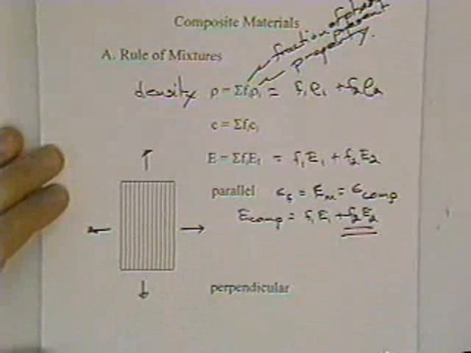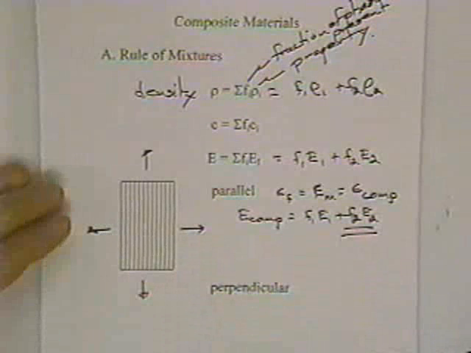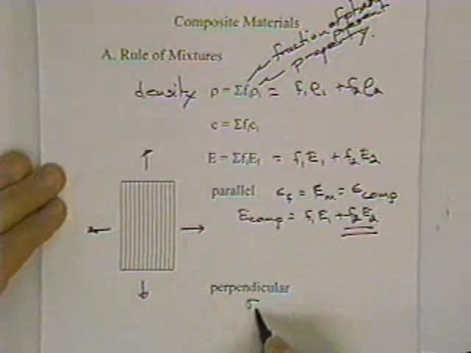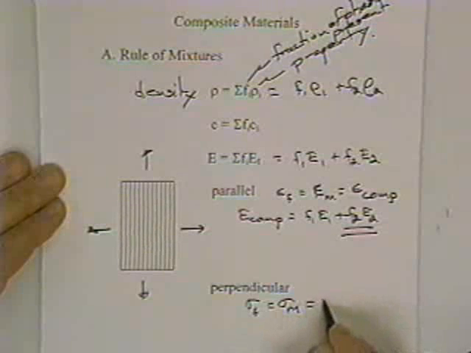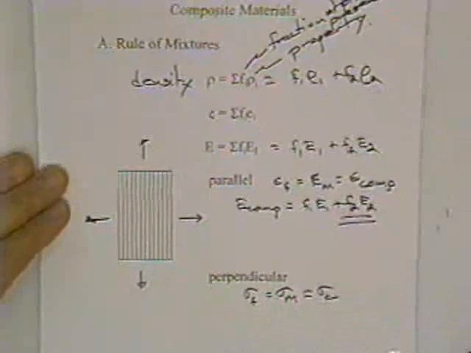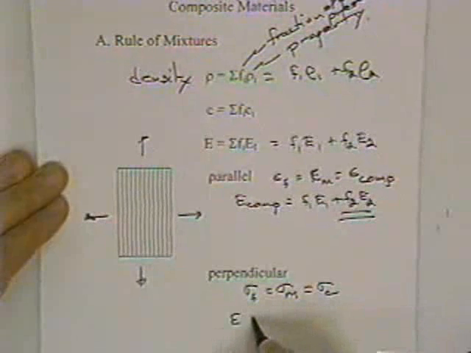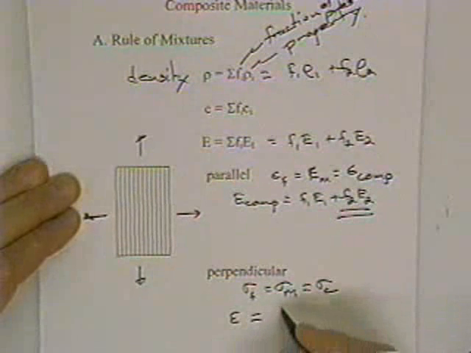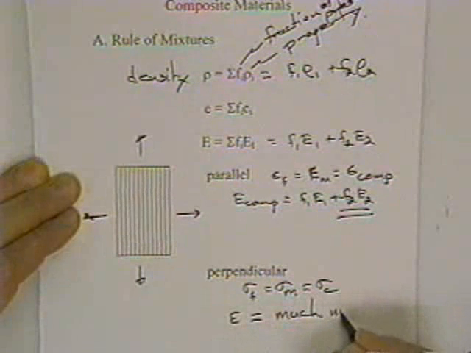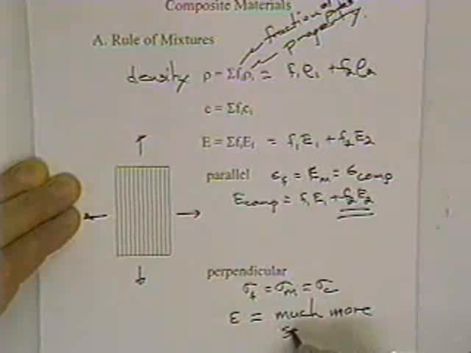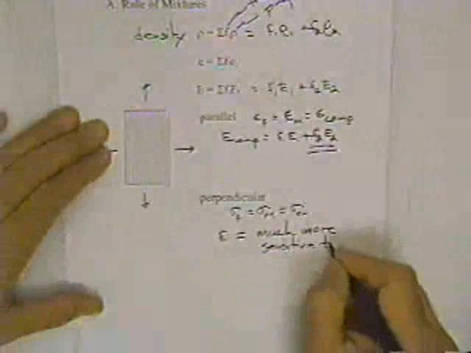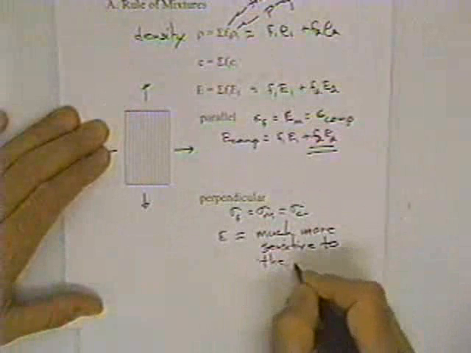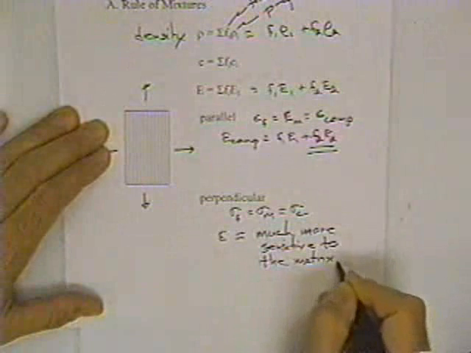and what's the modulus going to be? Well, the strain's not going to be constant. In this case, we're going to have the stress in the fiber is equal to the stress in the matrix is equal to the stress on the composite. And if you work through the modulus in that way, we'll find that the modulus is much more sensitive to the matrix.